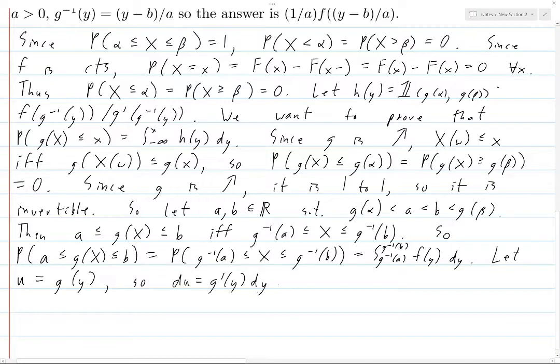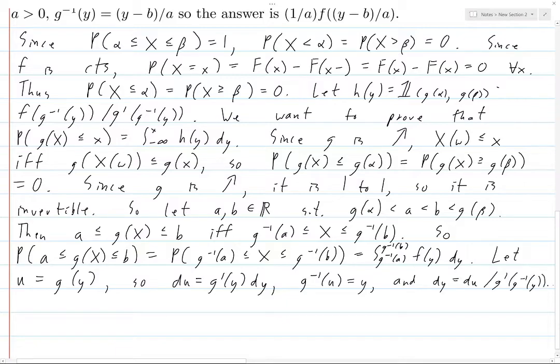But then we also need some other facts that will allow us to substitute this variable u in more easily. If we solve in terms of y, we have g inverse u equals y, just solving for y in the first equation. And now substituting this into the second equation, dy is just du over g prime of g inverse.